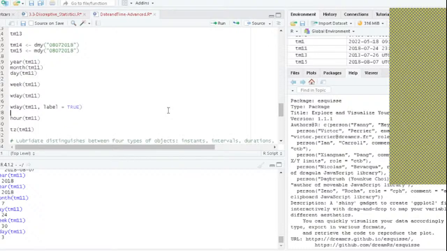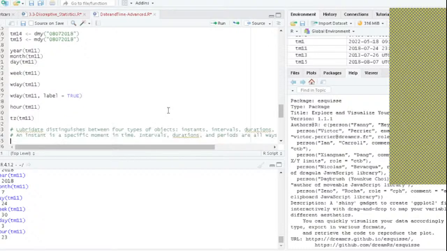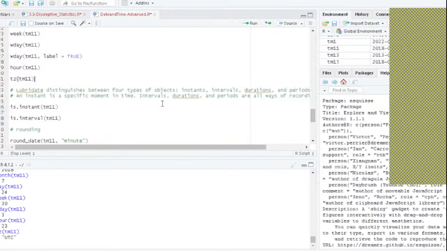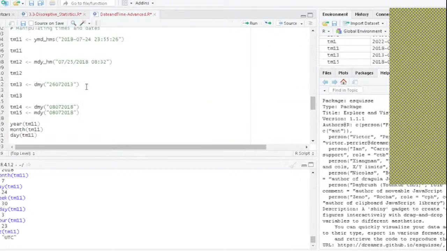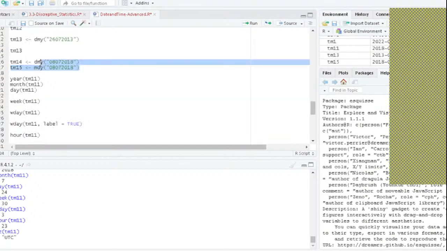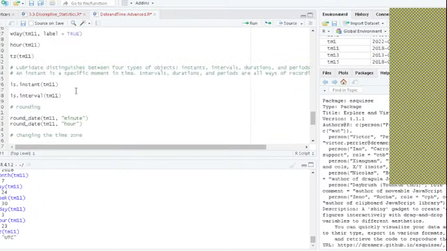Hours, if it is time, it will give you hours also, and time zone. A little bit, I thought I'll just give you the introduction on Lubridate. It makes it much easier when you have different formats of date coming. Lubridate makes it much easier to handle dates.